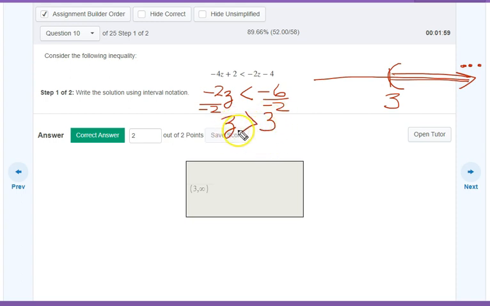But they want this in interval notation. So if you have the graph, it's parenthesis, 3, comma, and then the end of this line is positive infinity. And infinity always has a parenthesis. And this person had it correct.